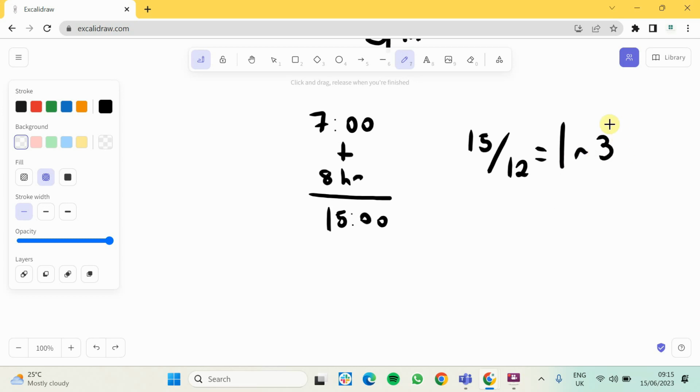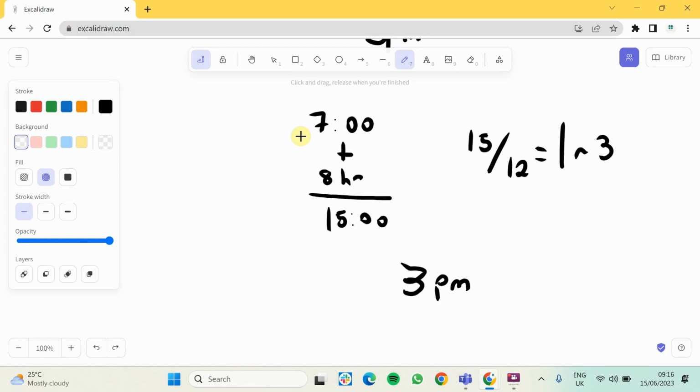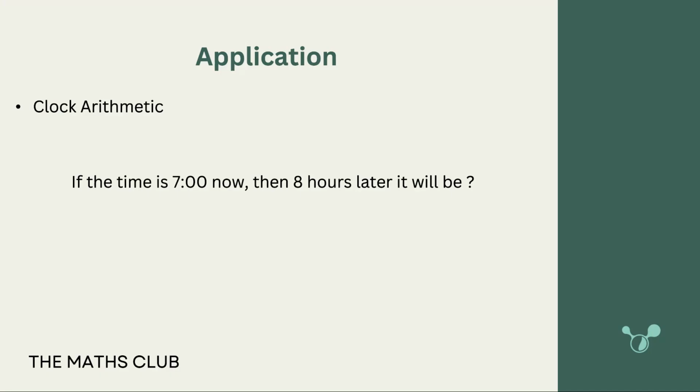Of course, I'll just pick the remainder value. So if I add 8 hours to 7 o'clock, it will take me to 3 p.m., and that is the exact same thing. Instead of counting, we achieved the same thing just by adding 8 hours to the initial value and then dividing by the modulus number, which is 12. The remainder is the value represented in that circle. Great. So the answer is going to be 3 p.m.